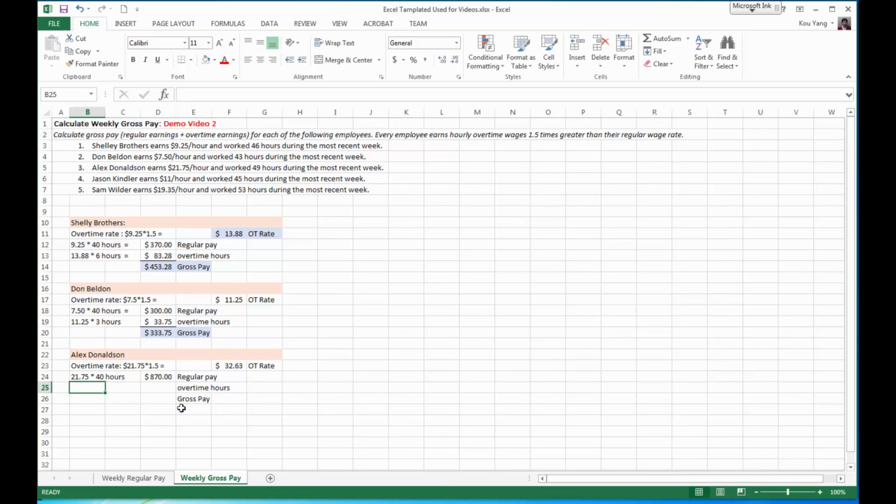His overtime is $32.63 times 9 hours. He worked 49 hours that week, 40 hours is regular time pay, and the difference between 40 and 49 is 9 hours of overtime. So $32.63 times 9 hours equals $293.67 for overtime for Alex.